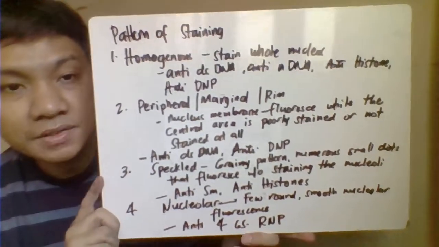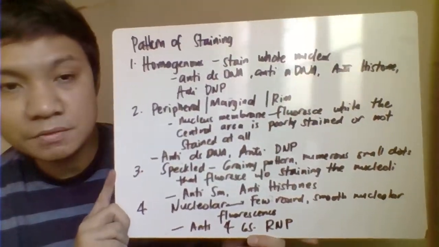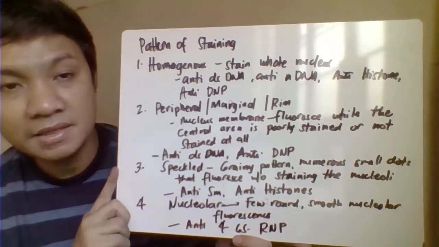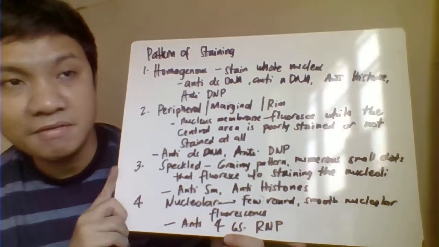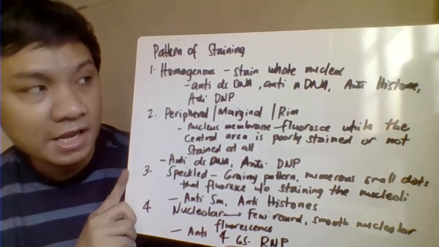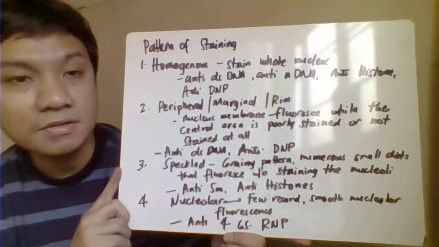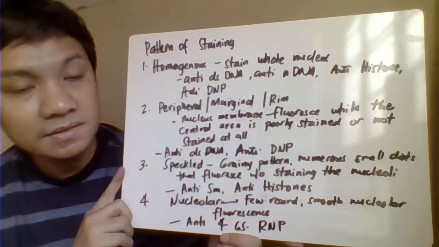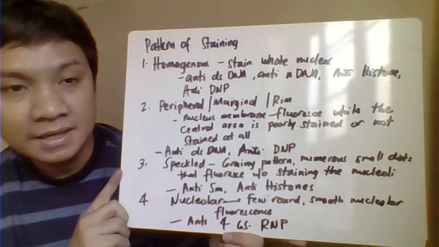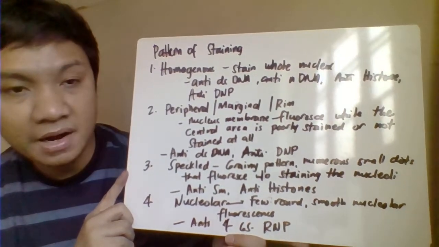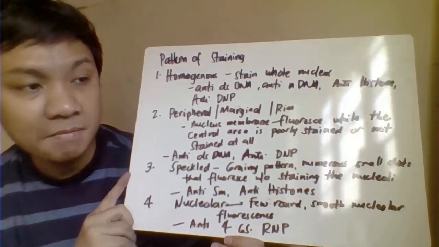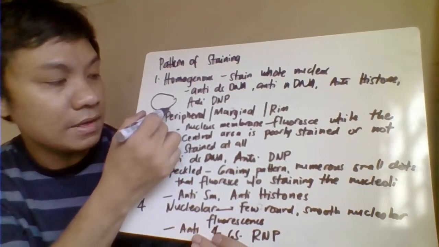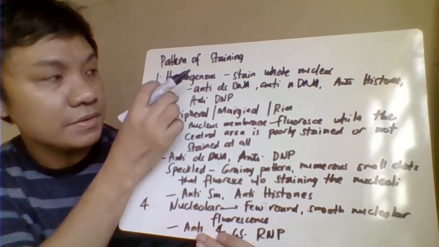So the pattern of the result could be, number one, homogeneous pattern. Homogeneous pattern is characterized by the entire nucleus being stained or fluorescing. This is related to the presence of anti-double-stranded DNA, anti-native DNA, anti-histone, and anti-DNP. Another pattern we have is the peripheral, marginal, or rim pattern. So only the margin fluoresces. If the entire nucleus fluoresces, that's homogeneous.